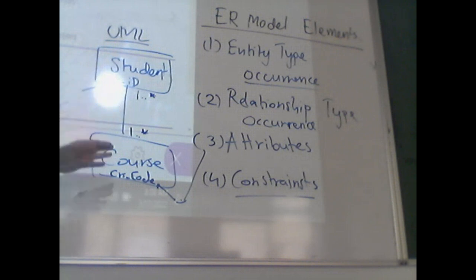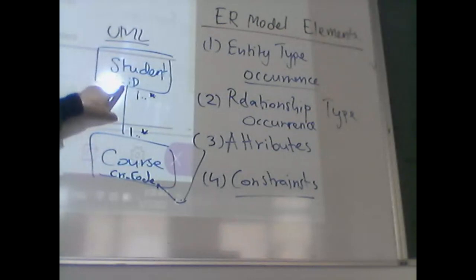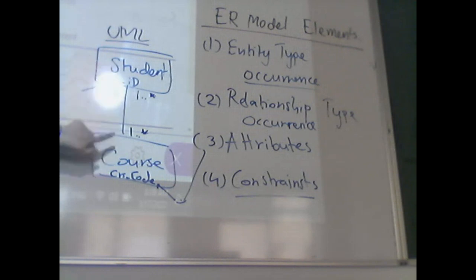So 5 students, for example, will register for some number of courses. Now let's talk about the relationship. We define it as an association among entity types. What I'm doing here is teaching you the main concept and how to draw it later on. And by the way, I have uploaded the link on Blackboard.